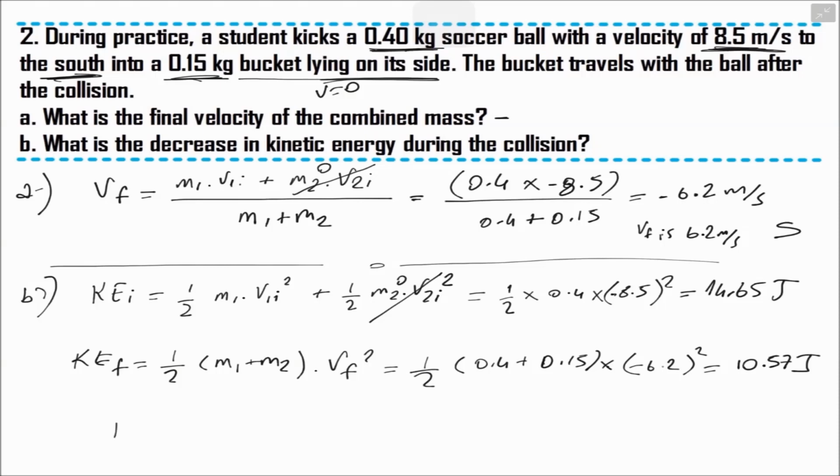So kinetic energy final minus kinetic energy initial: final 10.57 minus initial 14.65 equals negative 3.94 joules. Thanks for listening.